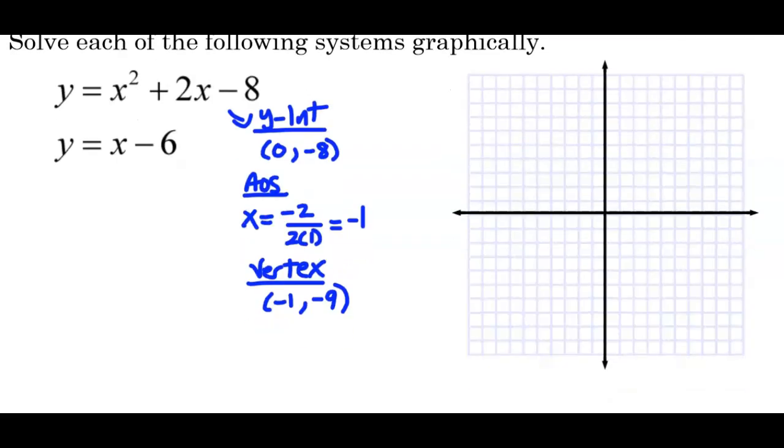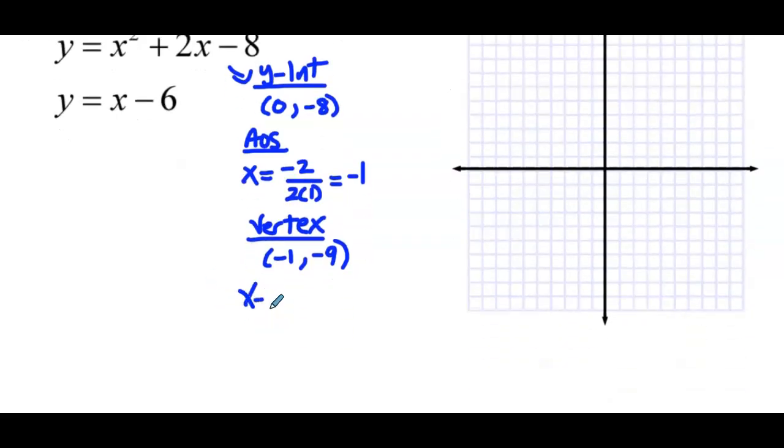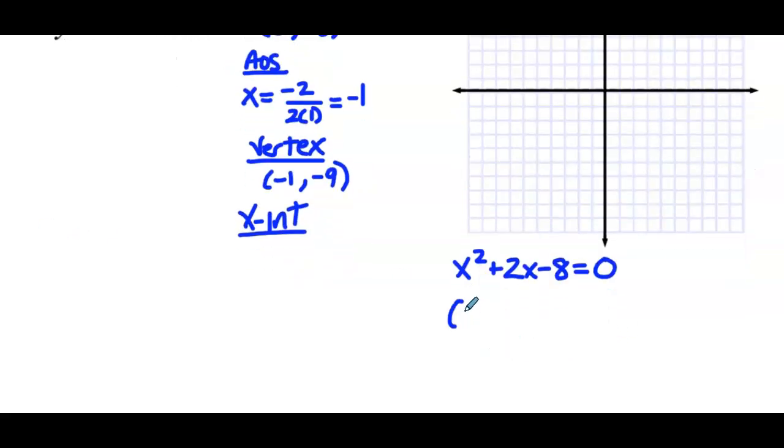And then we need our x-intercepts. And that we have to do a bit of work for. So x squared plus 2x minus 8 equals 0. We can factor this, x minus 4 times x plus 2. Nope, got to switch those signs.